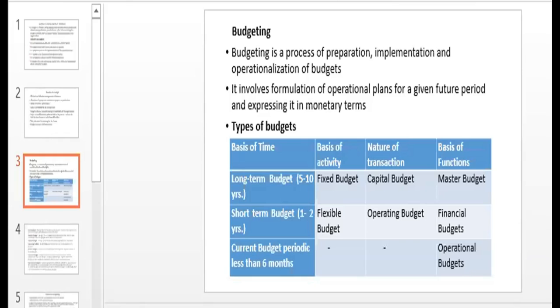Now, on the basis of activity, we can have fixed budgets and flexible budgets. So for long-term, they are fixed. You'll find most of the long-term budgets are fixed, right? And most of the short-term budgets are flexible budgets, budgets that you can adjust as the need comes. Like now, most of the budgets that are being affected because of COVID-19 are the annual budgets, and you can see they are short-term budgets because they are flexible.